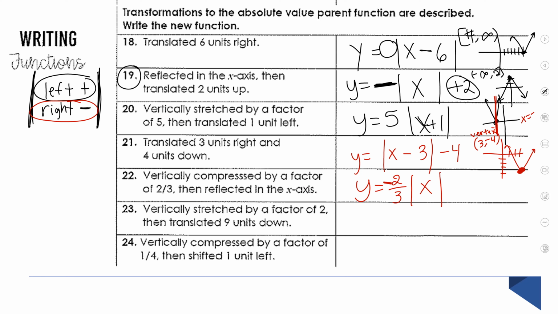So guys, did I move left, right, up, or down for number 22? So what's my vertex if I didn't move? It'll be 0, 0, because it's just right here, but now it's facing down and it's a little bit wider. But my vertex is still at 0, 0. It didn't change. Your vertex only changes if you move to the left or to the right, or if you go up or down. That's when your vertex changes.